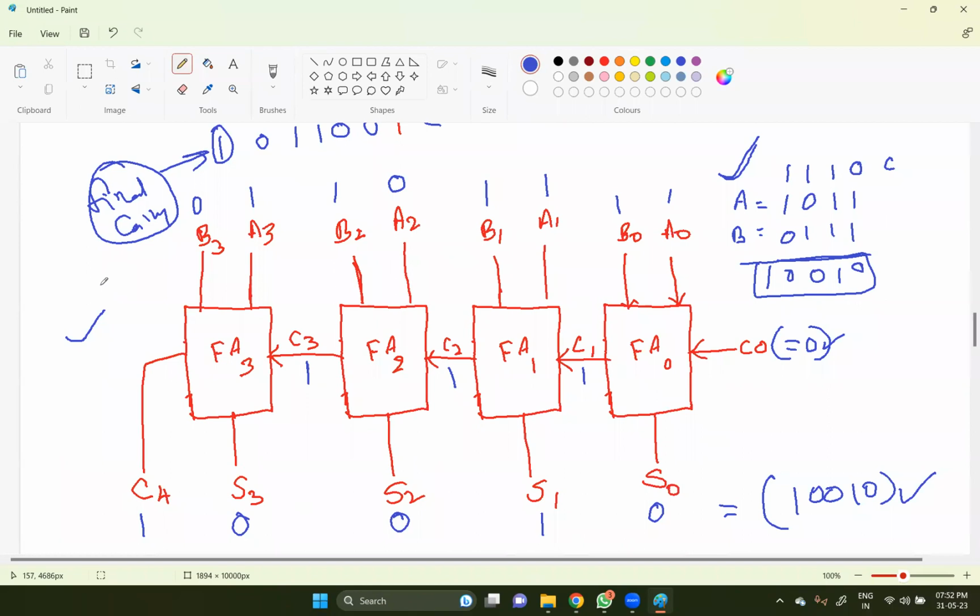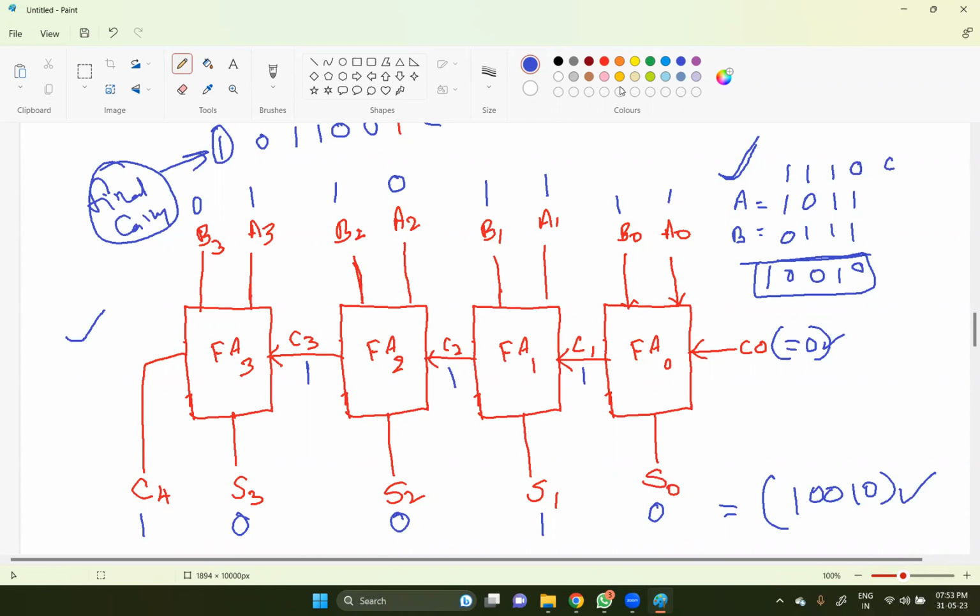Within this multi-bit adder, you must remember one thing: input C0 for the first full adder must always be equal to 0. That's what you need to consider. So these are the different kinds of adders available for us in computer organization.